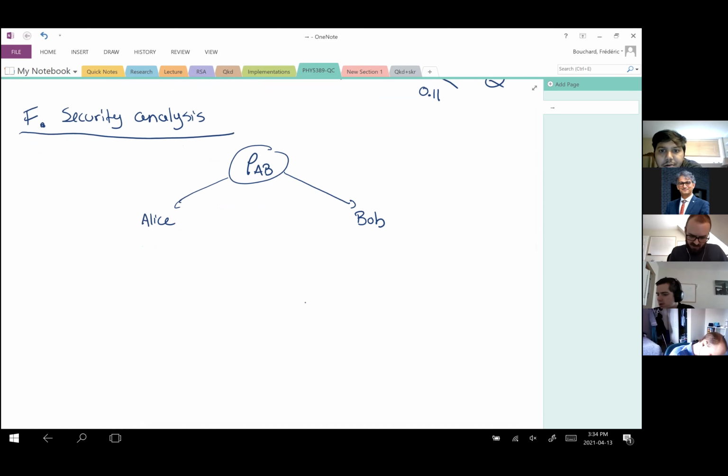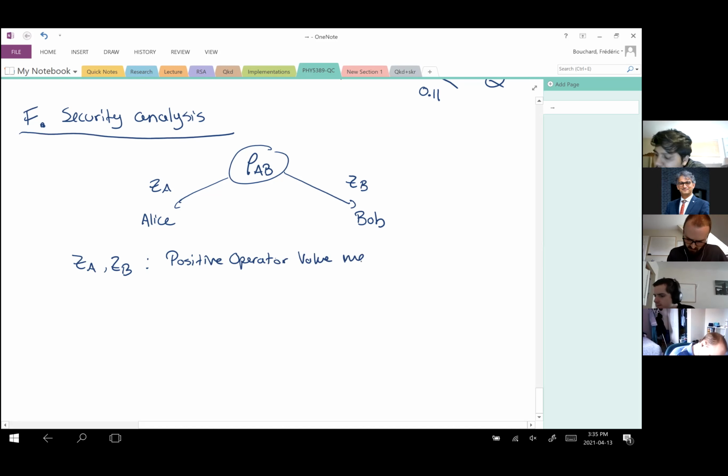In general, Alice will perform a measurement on her photon, and Bob will perform his measurement. Z_A and Z_B are sets of POVMs, positive operator-valued measures.